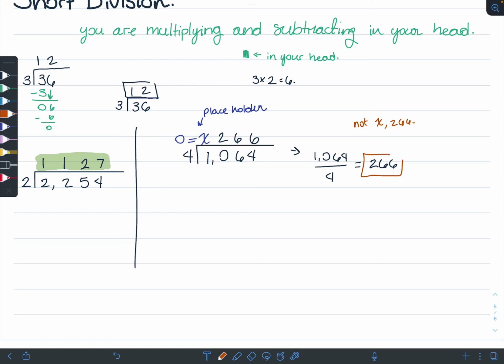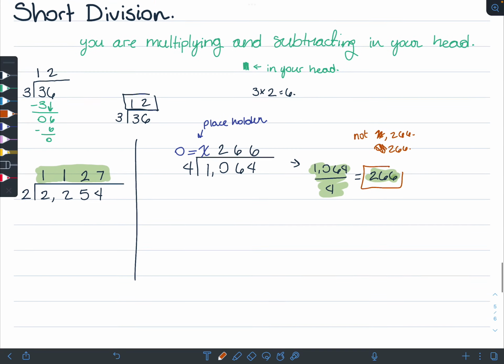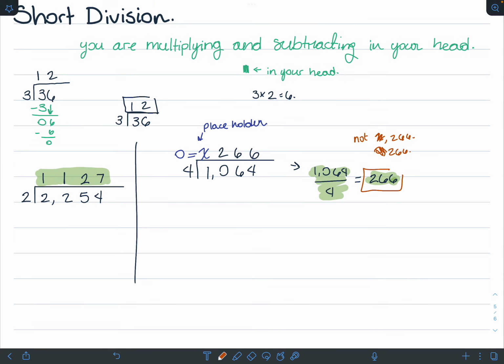No, it's just 266. Because we put that 0 in its place, 0266, we might as well just ignore the 0. And that is the answer. Very simple, very easy.